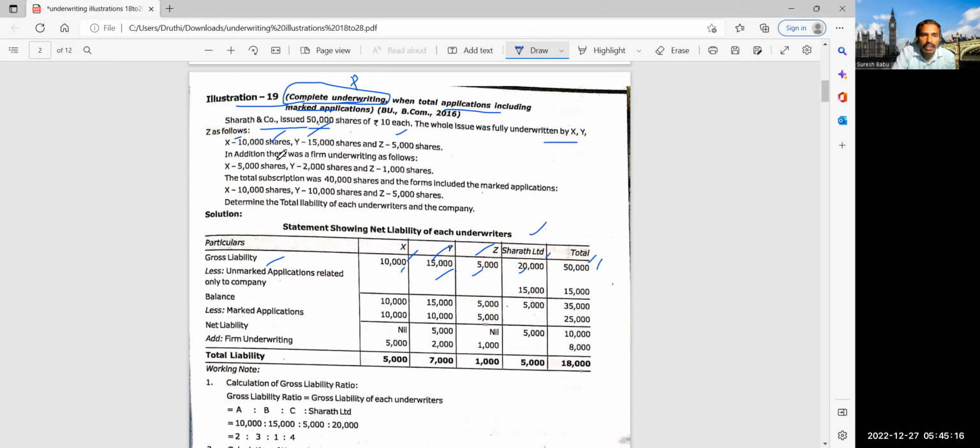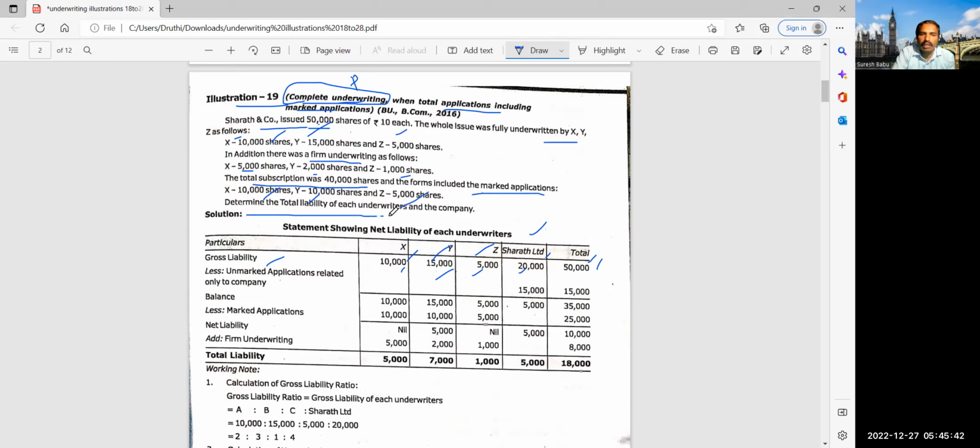Now, in addition, there is firm underwriting. X 5,000, Y 2,000, Z 1,000 shares. Remember this. Total subscription was 40,000 shares, and the forms included the marked applications: 10,000 of X, Y 10,000, Z 5,000.